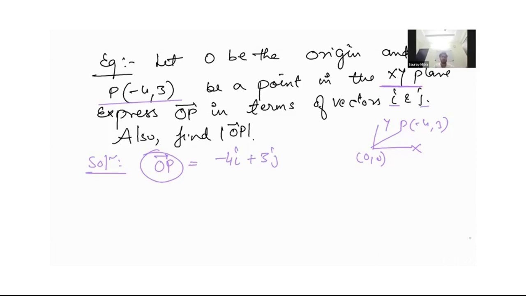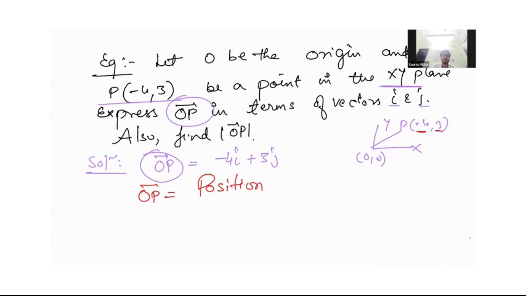Okay, now let us decode this OP in another way. Here the OP vector we can write as the position vector. Every vector taken from the origin is a position vector, so we will just write minus 4i and 3j.